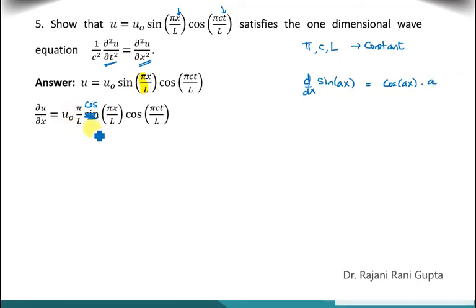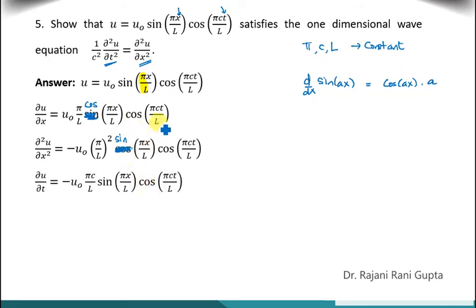So this is what happened here. Similarly, when we differentiate it again, this cosine will become minus sine and you get pi by l again. This function is not changed because it's a function of t.